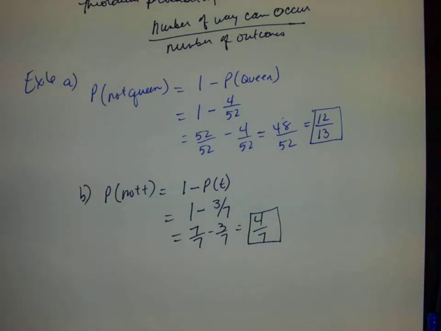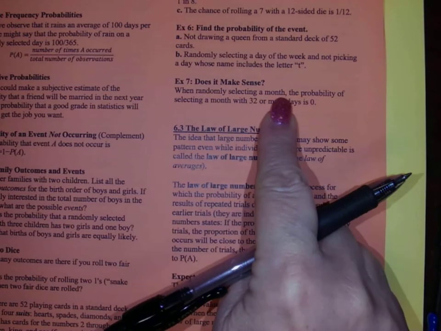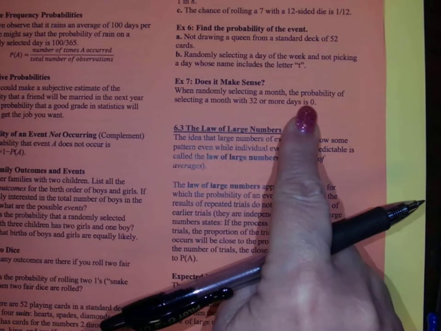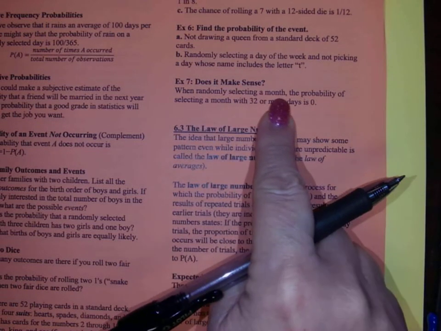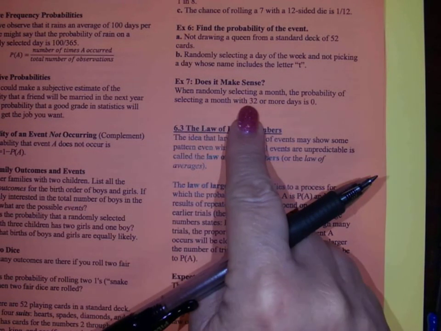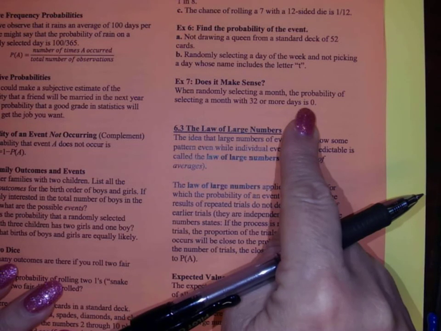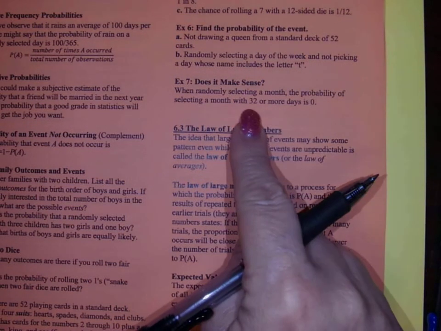All right, and number 7. Does it make sense? When randomly selecting a month, the probability of selecting a month with 32 or more days is 0. Well, does that make sense? So how many days are typically in a month?